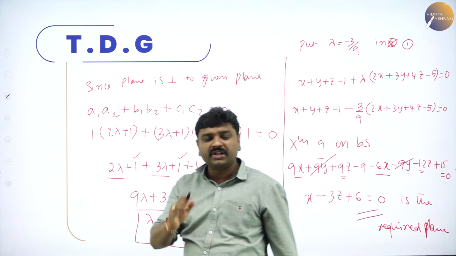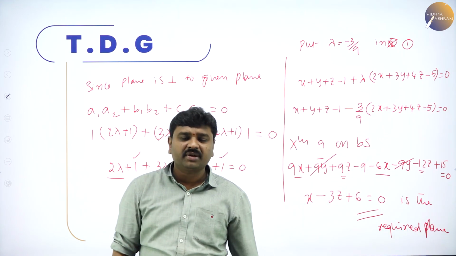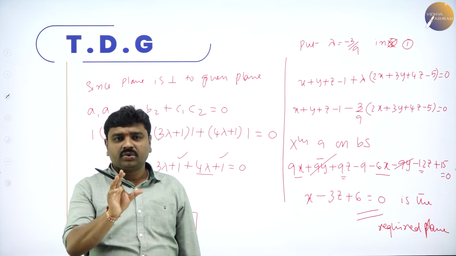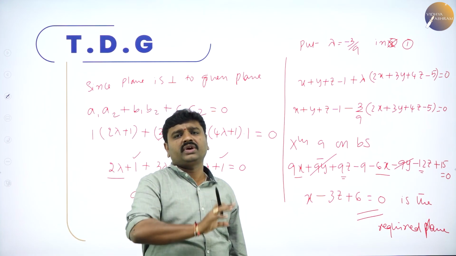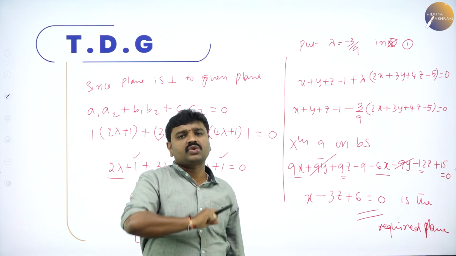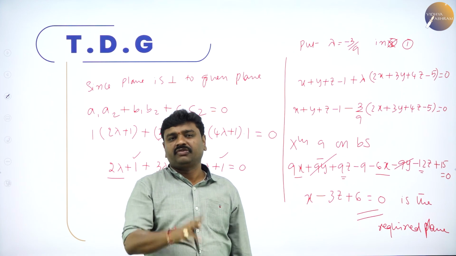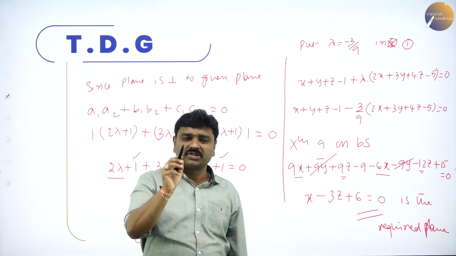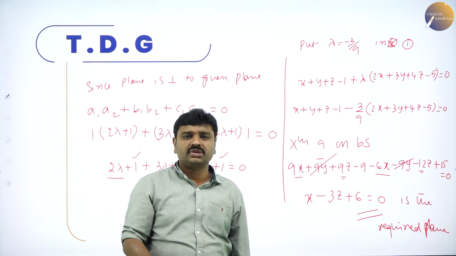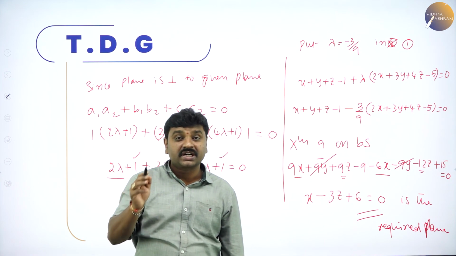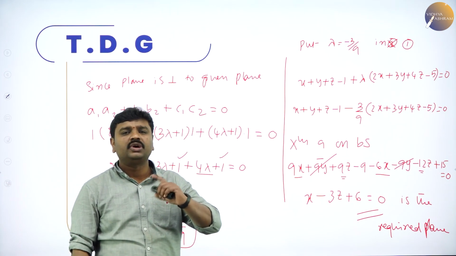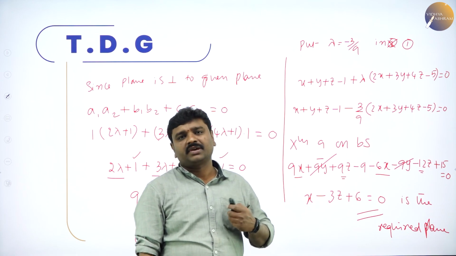So the equation of a plane through the intersection of planes means P1 plus lambda P2 equal to 0. And to get the lambda value, they give some condition. In the first two problems they gave that it passes through a point. Now they give that it is perpendicular to a plane. If two planes are perpendicular, then A1A2 plus B1B2 plus C1C2 is equal to 0. A1, B1, C1 are the direction ratios of the normal of the first plane, and A2, B2, C2 are those of the second plane.